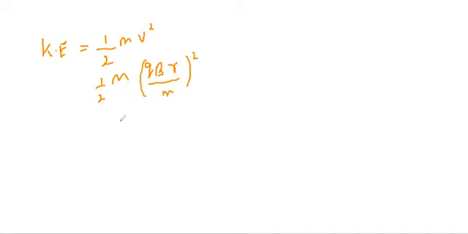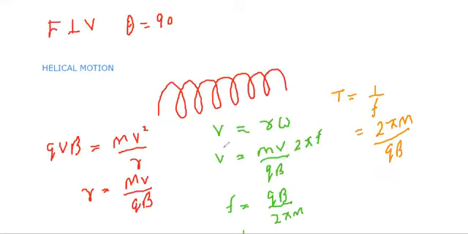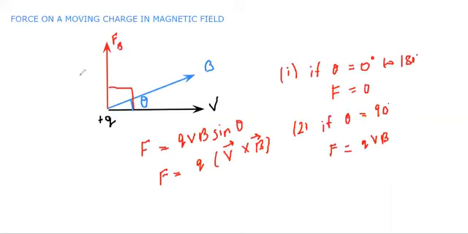This m and this m would cancel, but there would be one m remaining in the denominator. So it would be q square B square r square divided by 2m. This would be the formula of kinetic energy of a charged particle moving in a magnetic field. So these are very important formulas under this topic, that is force on a moving charge in a magnetic field.